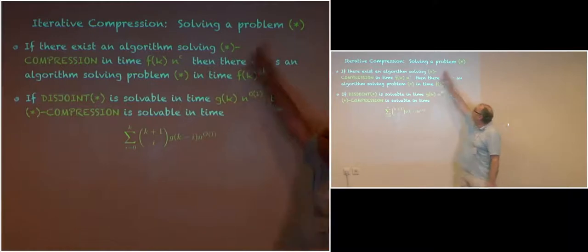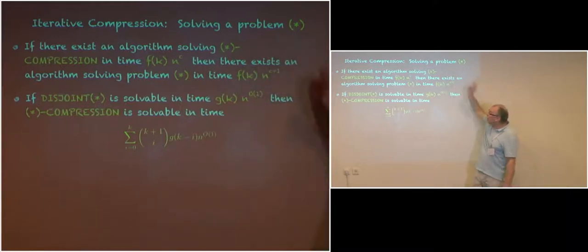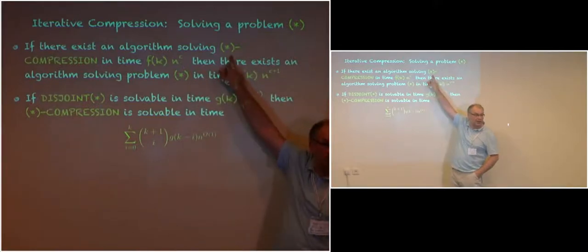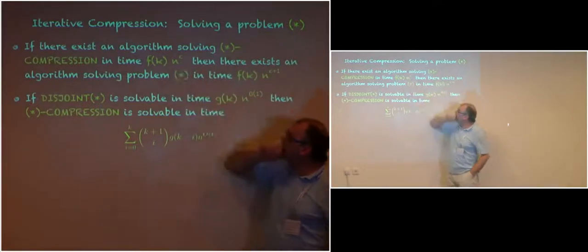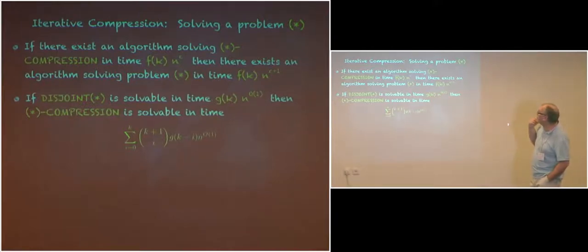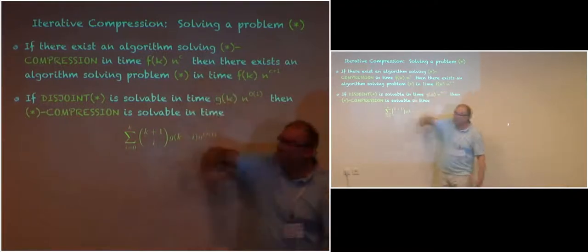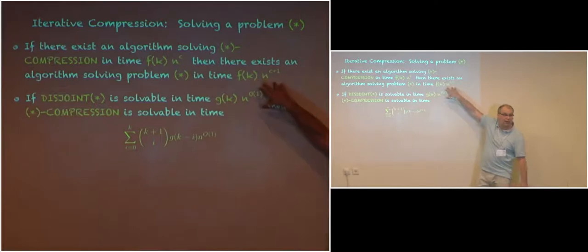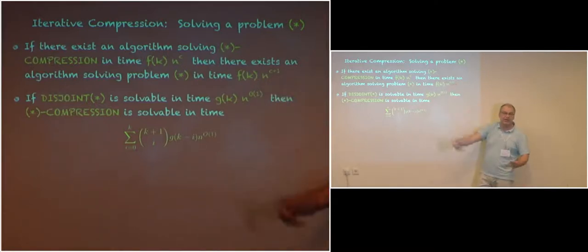If I cover some problem star, and I have an algorithm solving the compression version of star in time f of k times some polynomial, then by applying iterative steps, I can solve the problem in time f of k times n to the power c plus 1, right? I make n iterative steps.